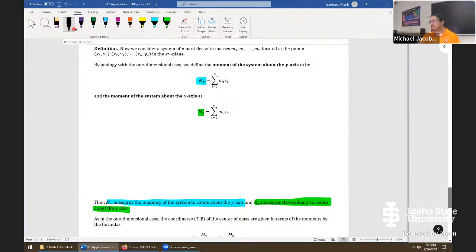Let's try to make it make sense. Here's a set of axes to start off. What we're dealing with is another rigid system where all the mass is located at points. Here are the masses, and those are the points. Let's just draw out something generic.